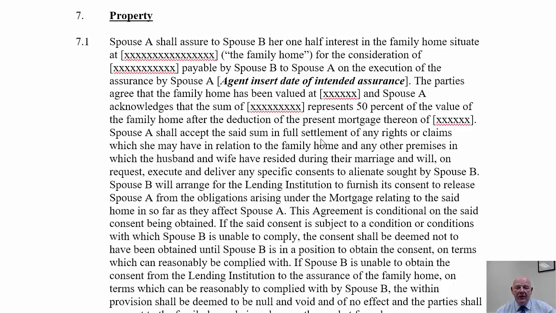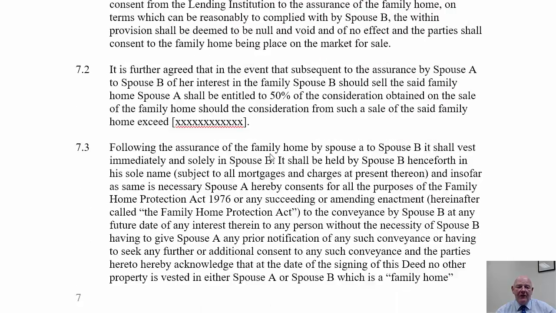That will obviously need the consent of the bank though, because the bank is going to be reluctant to let only one person take on a mortgage in circumstances where they already have two people on the hook for it, as it were. The question of equity and negative equity is also a big factor. If there's no equity in the house, well then your options are pretty limited. Sometimes if there was equity, you might sell the house if you couldn't reach agreement and then just split the proceeds between you. But that will have to be dealt with, the whole question of property and the family home.